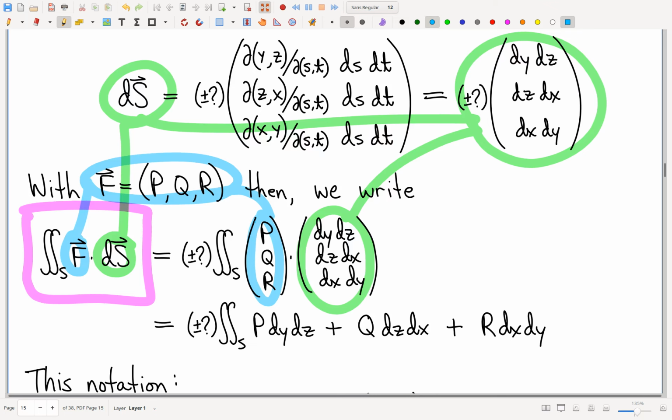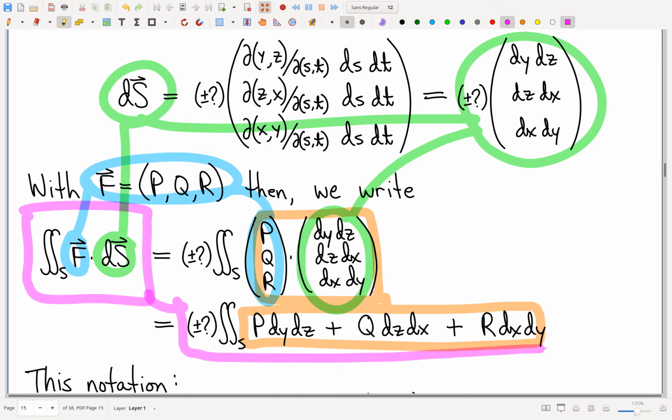And then you write down the dot product. So this great big dot product is this. And we're done. We have ourselves a new notational alternative for a vector surface integral. So in lieu of writing integral F dot ds, if you want, you could instead write integral P dy dz plus Q dz dx plus R dx dy.